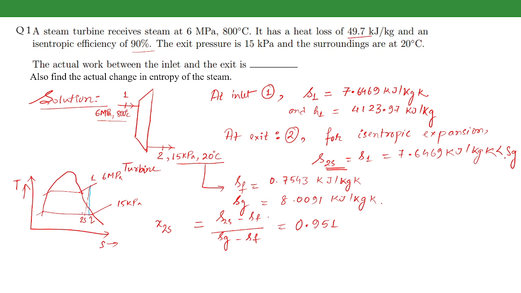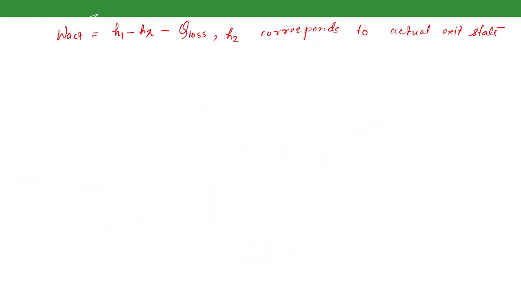But when it operates at an isentropic efficiency of 90%, there will be a heat loss of 49.7 kilojoule. Incorporating that heat loss, we can find the value of H2. W actual we have already found out, so we can find the actual exit state of the steam.